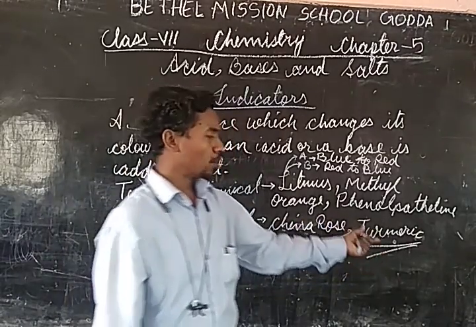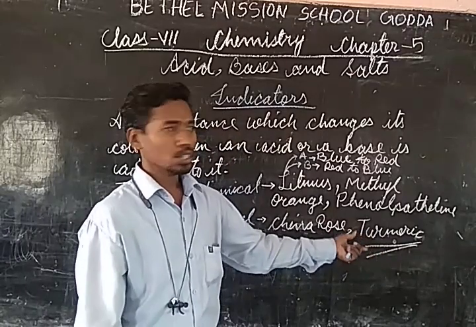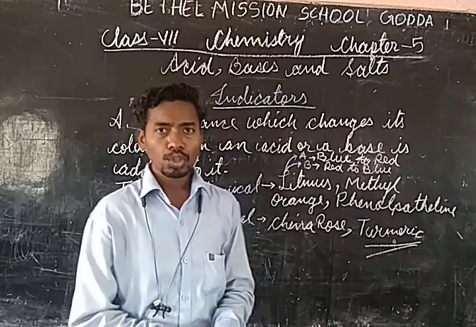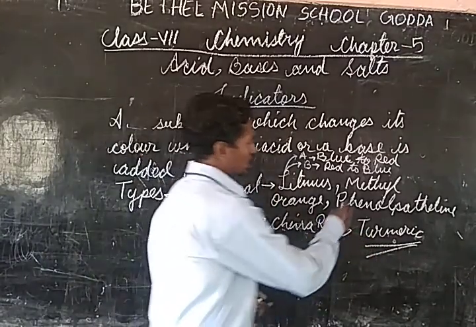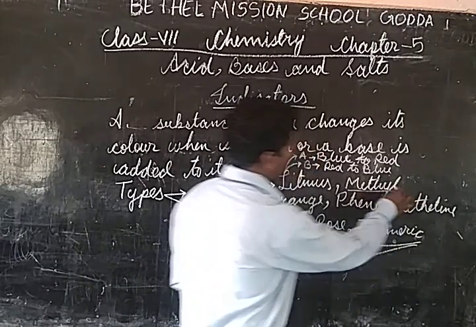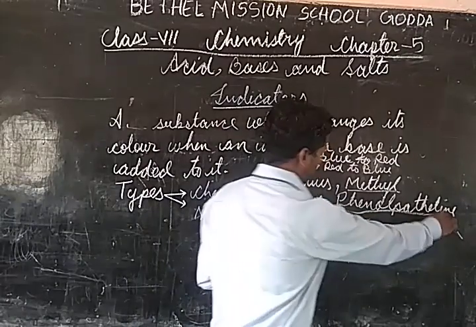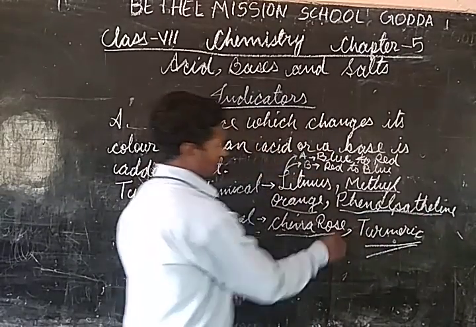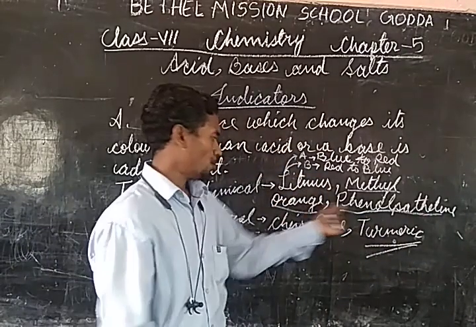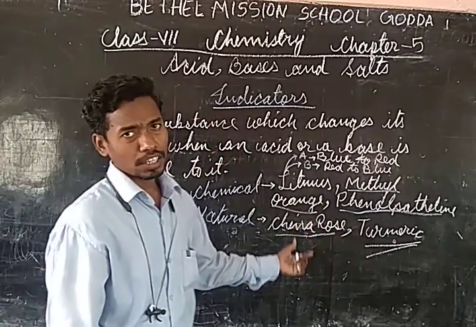I'll talk to you about turmeric and the change in its color. I want you all to find out the change in color under acidic conditions of all three: methyl orange, phenolphthalein and China rose.